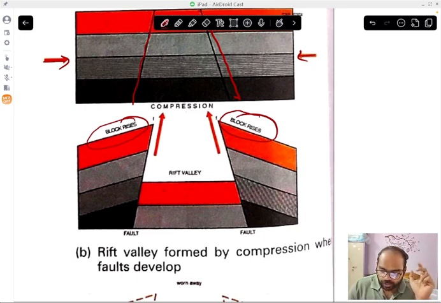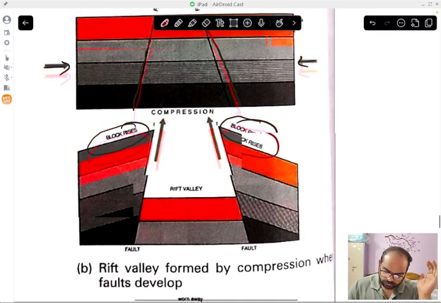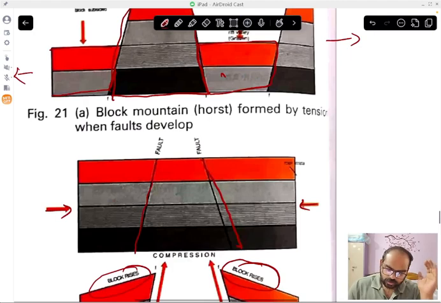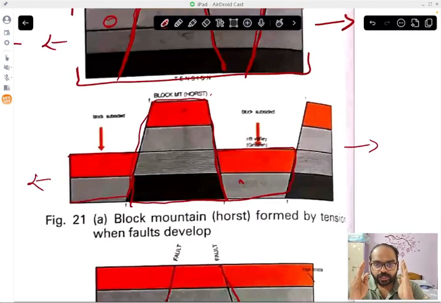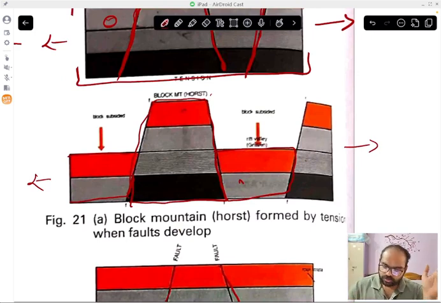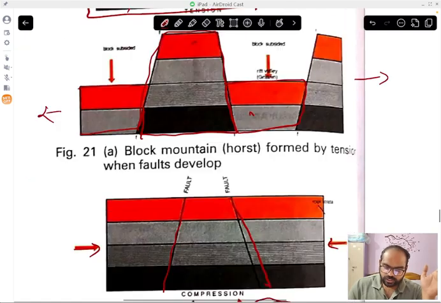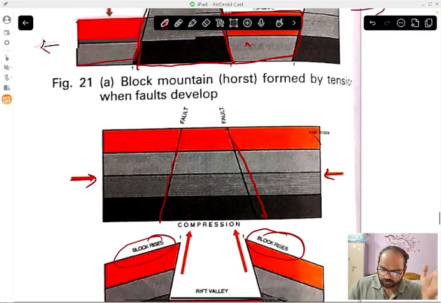A rift valley with two block mountains on either side is formed due to compressional forces, and a block mountain with two rift valleys beside it is formed due to divergence. This is how fold mountains and block mountains are formed.